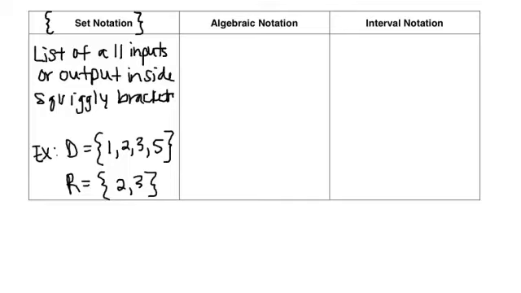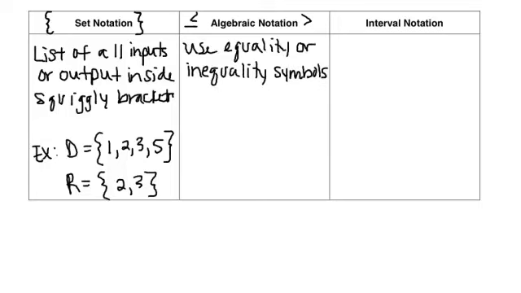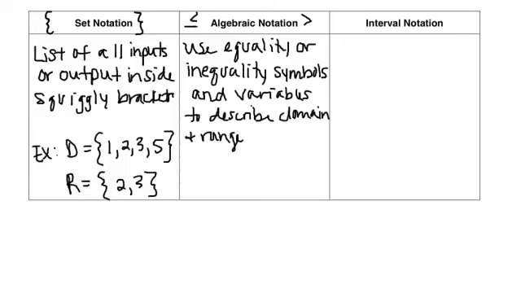The next is algebraic notation, and this is using equality or inequality symbols and variables to describe the domain and range. As we know, the domain is talking about our x values, so we'll use x whenever we refer to the domain, and we will use y whenever we refer to the range.